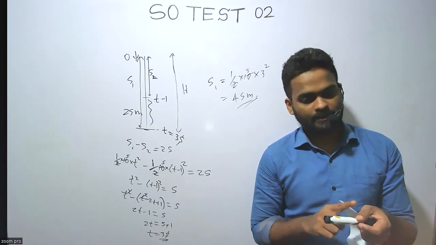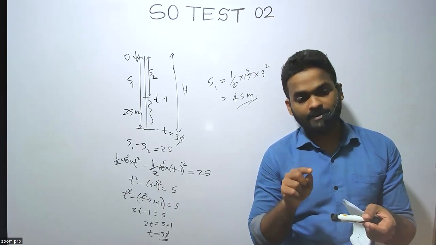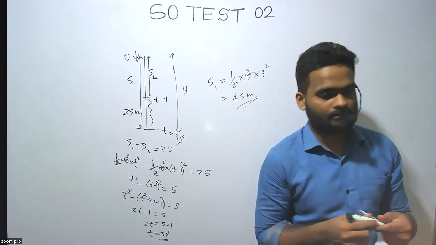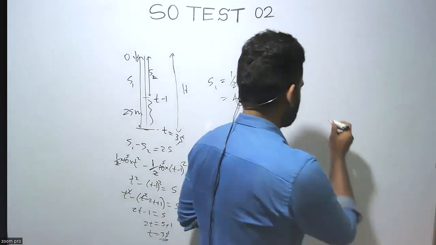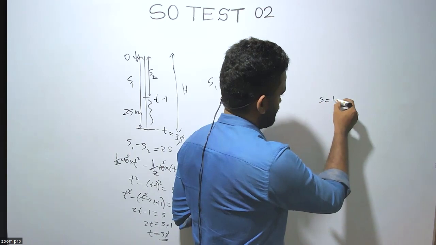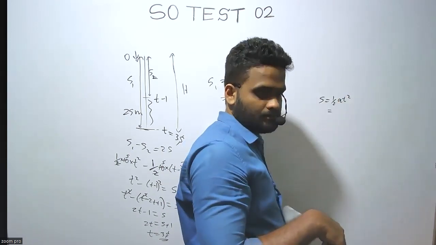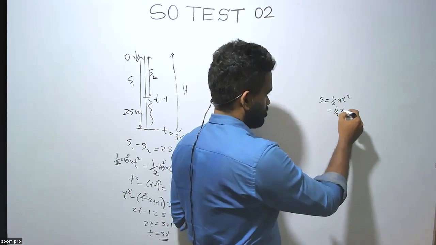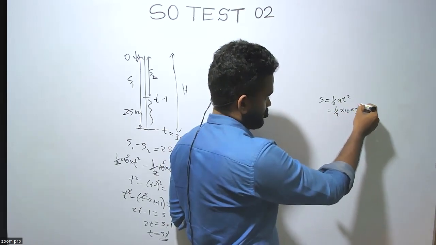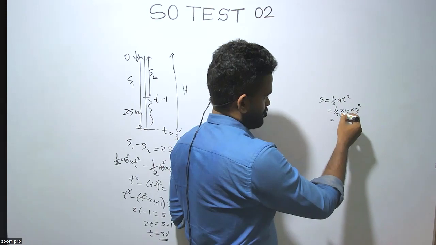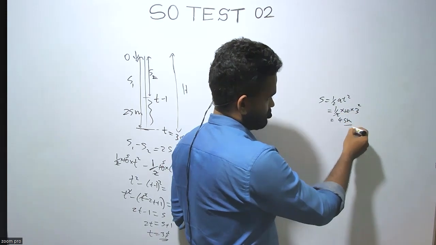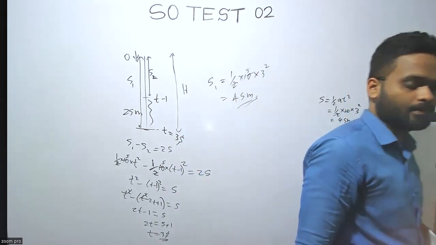Let's say it reads 3 seconds. Then you can apply this equation in order to find the height of the building. Time is 3 seconds. So it is 45 meters. Got it?